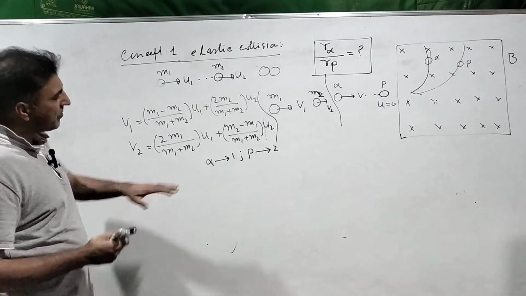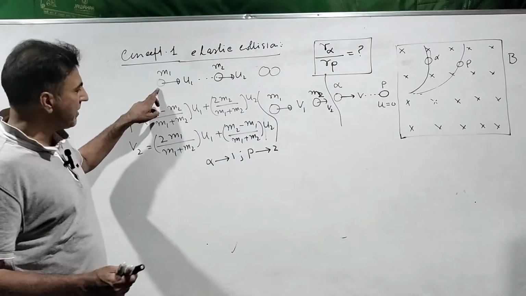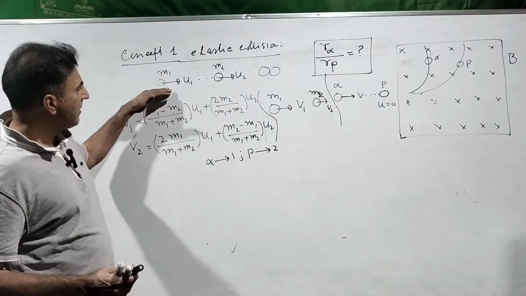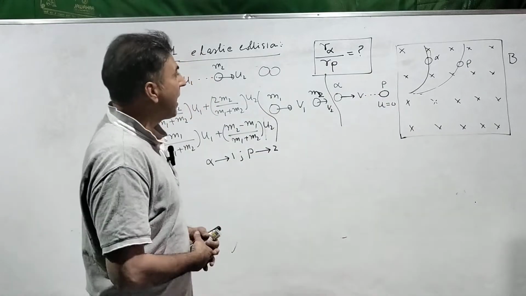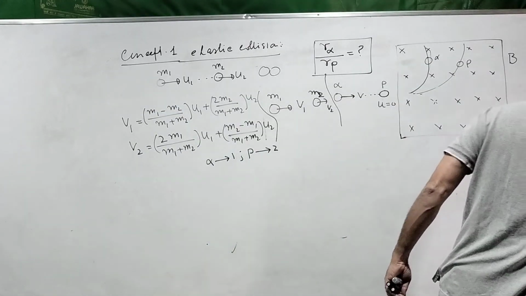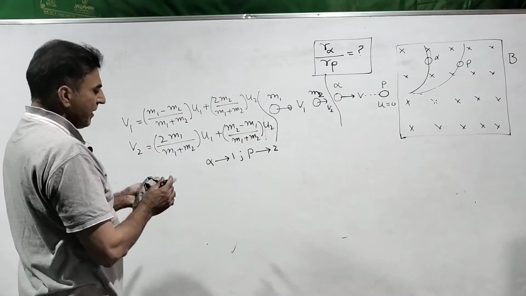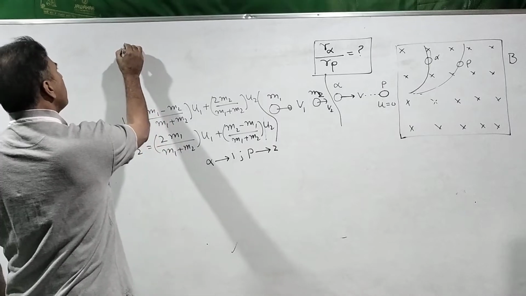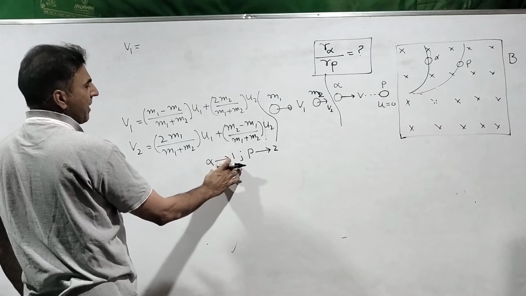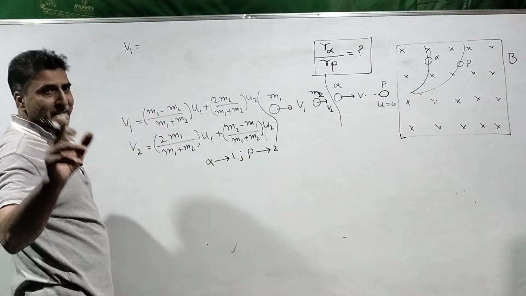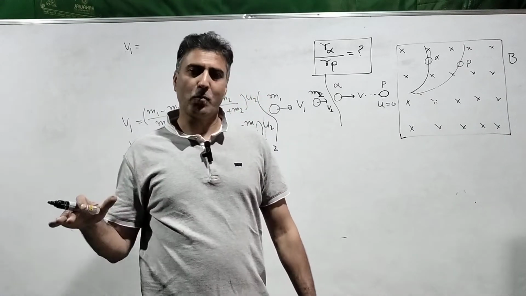Using this analogy, I will use these two equations to find the final velocities of the alpha particle and the proton. We must keep in mind that 1 stands for the alpha particle and 2 stands for the proton, because we will make the substitutions at the last moment.